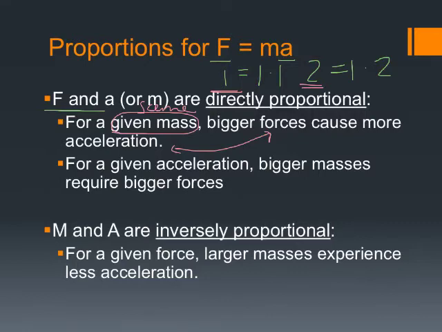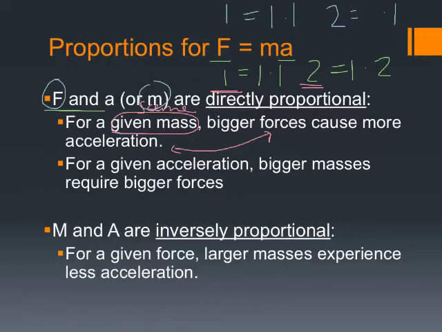Same thing in here. You can also compare force and mass. Those are also directly proportional. So if we start with 1 equals 1 times 1, and then say we double the force, start the other way this time, we know that acceleration is going to stay the same, because that's going to be left constant.